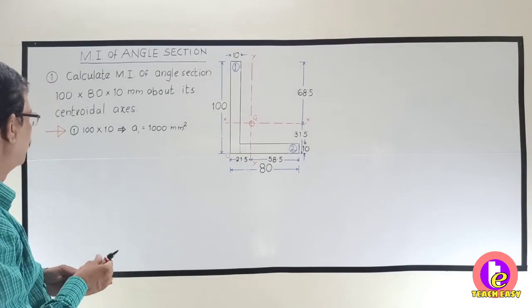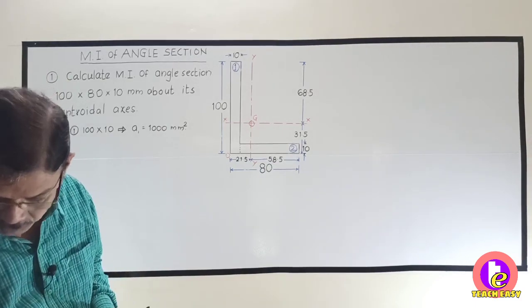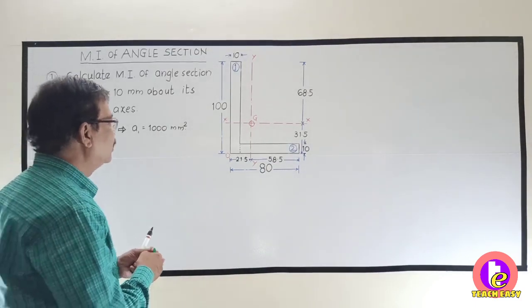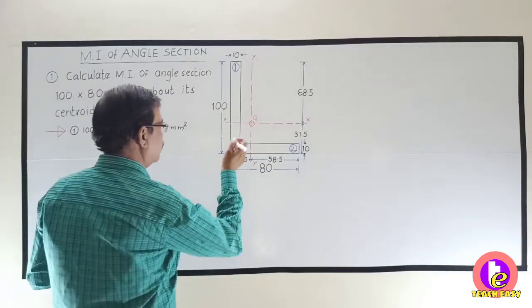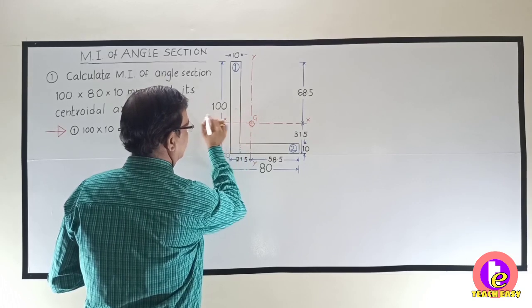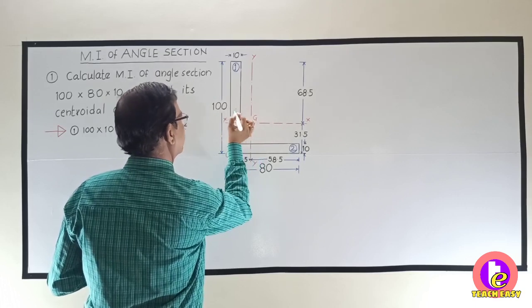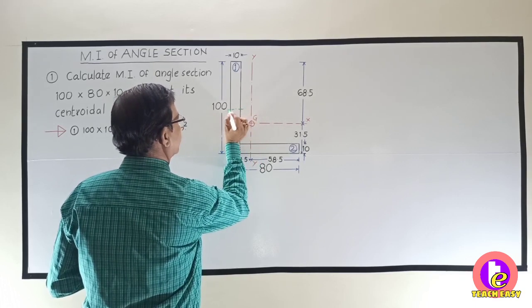Now let us see what is the value of x1. x1 is the distance of centroid of the first part from y-axis. So this is the centroid.